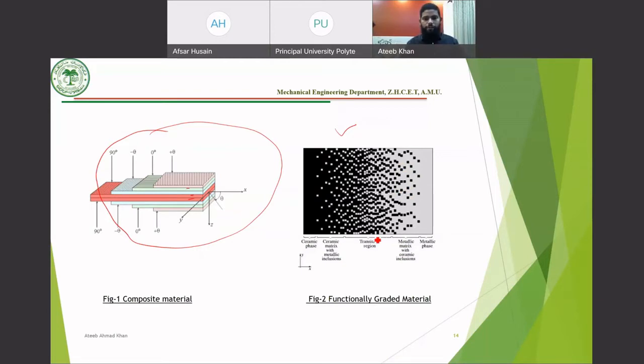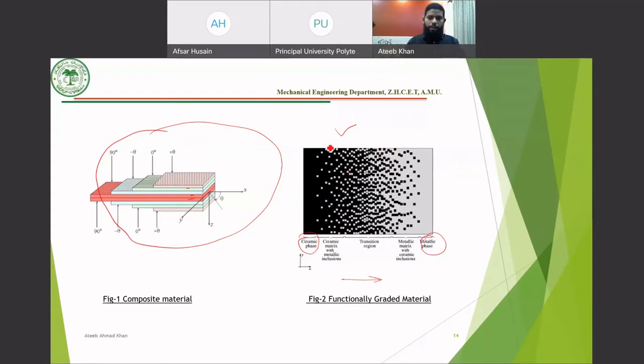Whereas in the case of FGM, at the bottom we have 100% ceramic rich material, and at the top we have metal rich material. There is no distinct point after which you can say that the material is changing from material A to material B, or from ceramic to metal.